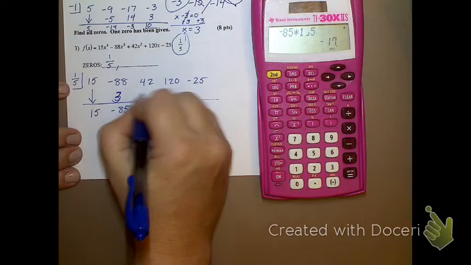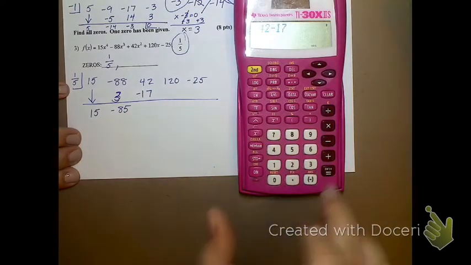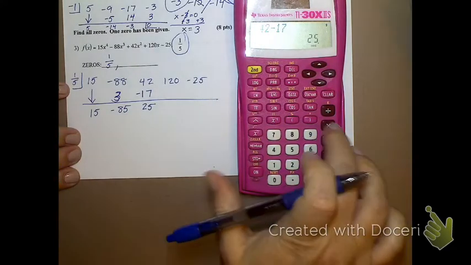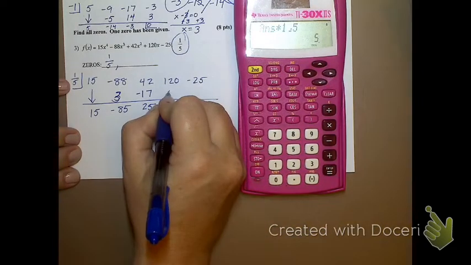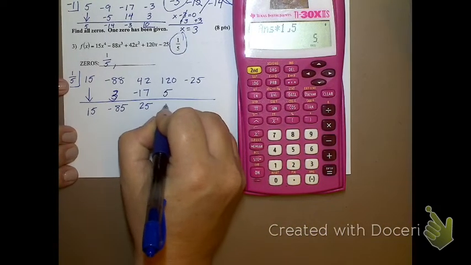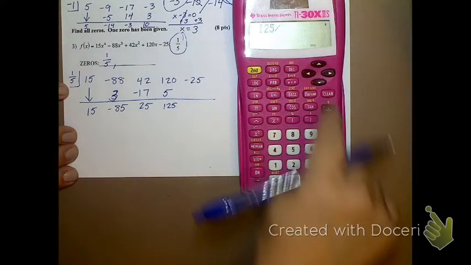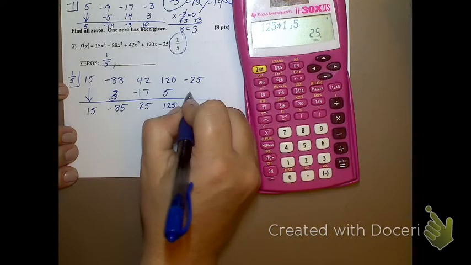Negative 17. 42 minus 17 is 25. Times 1/5 is 5. 120 and 5 is 125. And 125 times, not divided by, times 1/5 is 25.